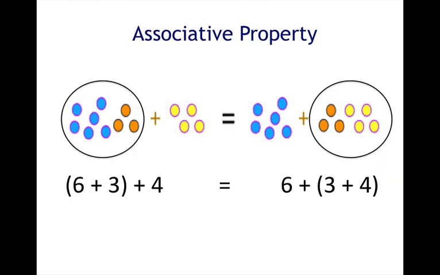The associative property is a lot like the commutative property. It's still about being able to add numbers in any order, but using more numbers makes it harder to know where to start. So the parentheses tell us where to start.